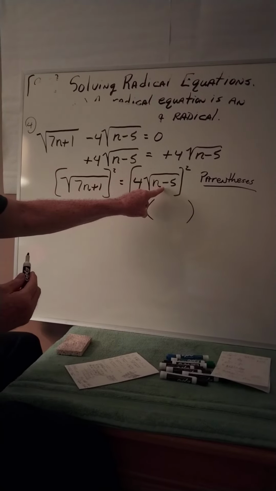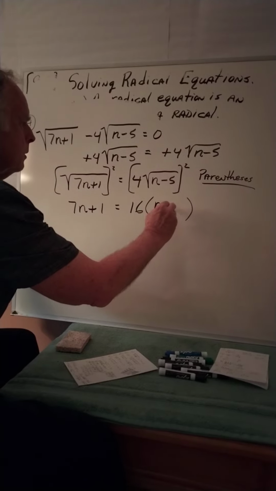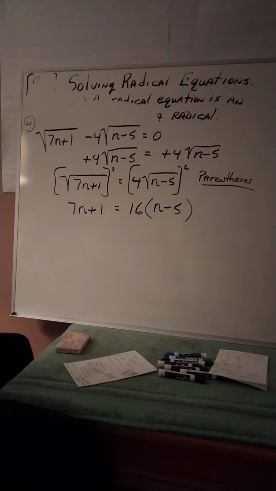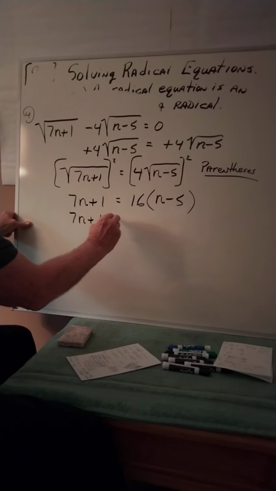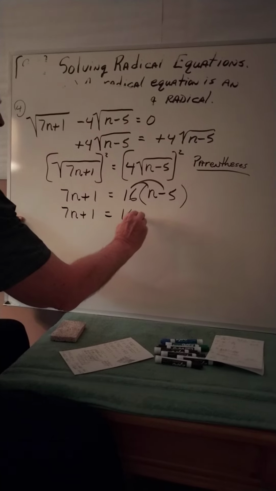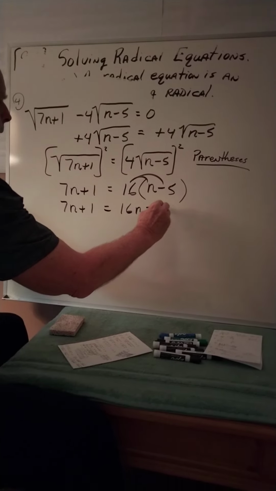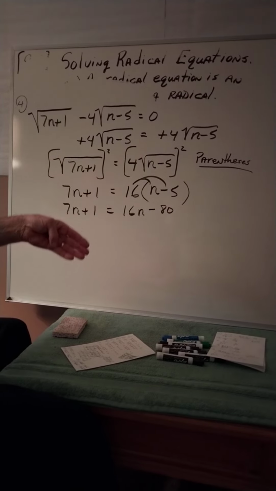And now let's square the radical of n minus 5, and you're going to get n minus 5. So now we've got a pretty little equation. 7n plus 1 is equal to, distribute, 16n minus 80. It's linear. It's not quadratic.